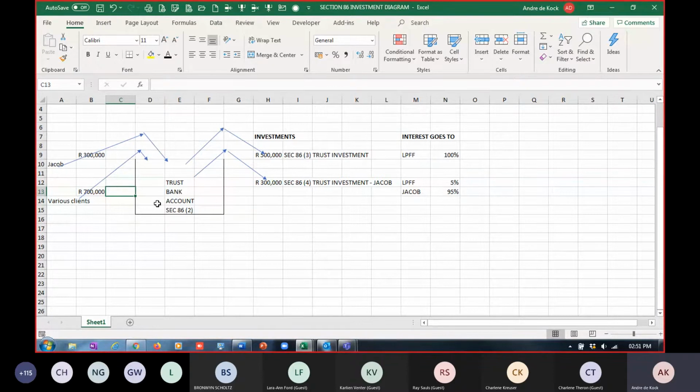It provides a belt and braces to the clients who give me this money. Because if I steal this money, or if my staff somehow manage to steal the 700,000, these clients have recourse to the Fidelity Fund, and they will pay my clients out.